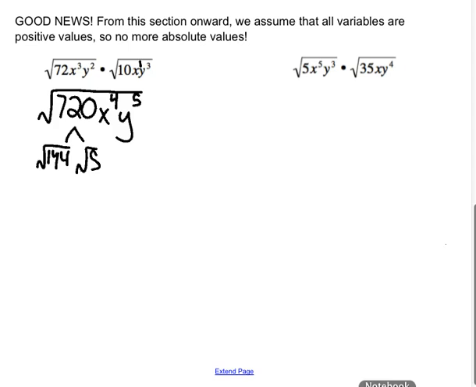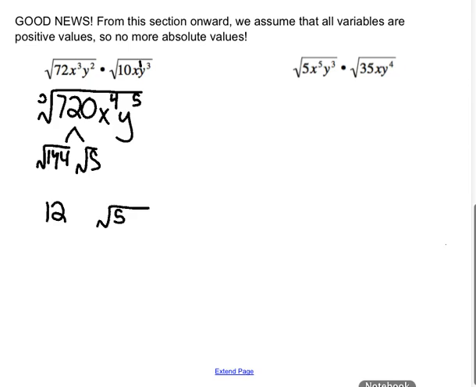Okay, so just one thing to be cautious about. Make sure you're pulling out the biggest number. So square root of 144 is 12. And then 5 gets left inside the square root. Now let's see about everything else.